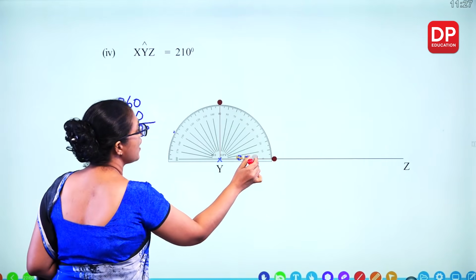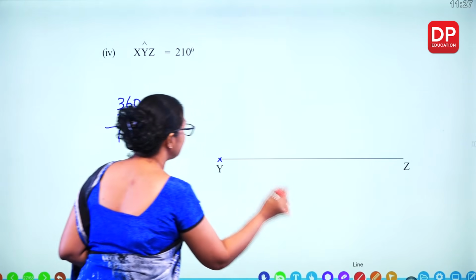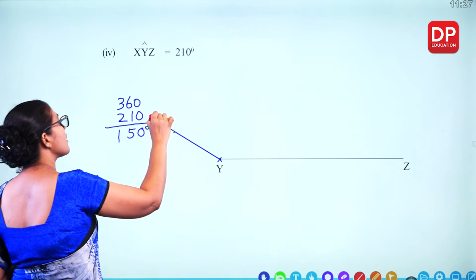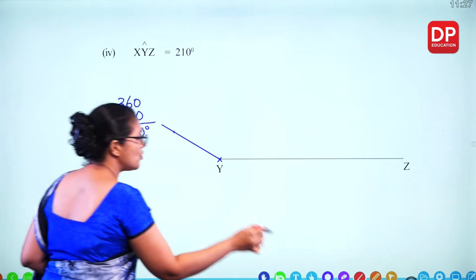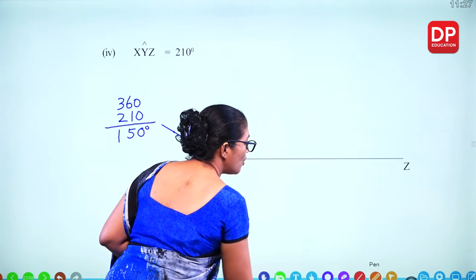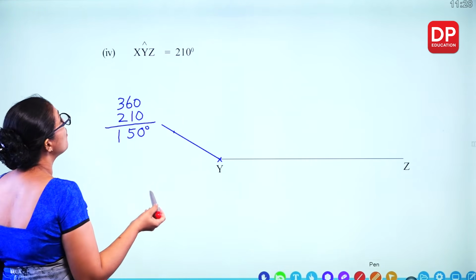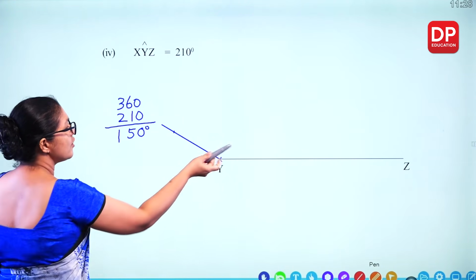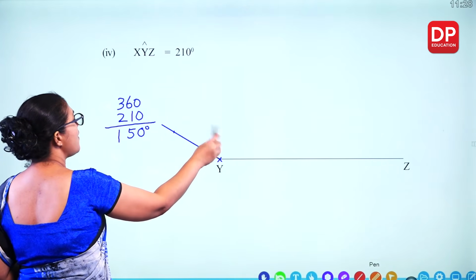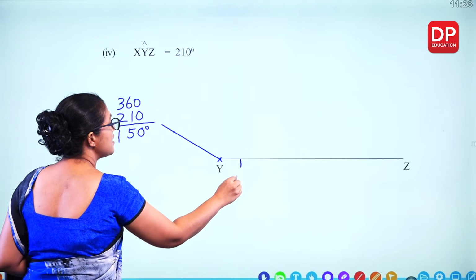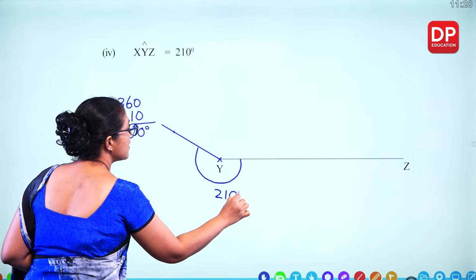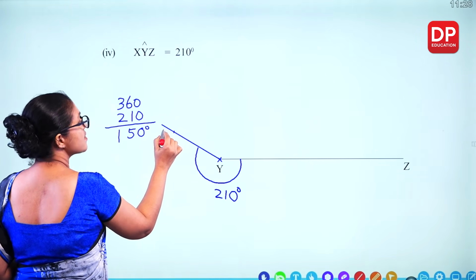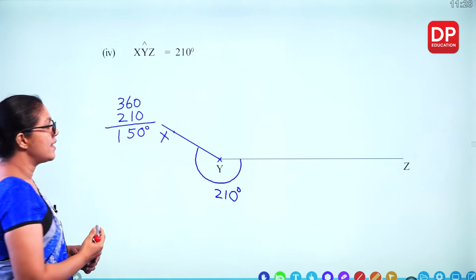So you can draw the line connecting this one, and then you mark the angle, not this one. This one is 150. So this is the angle 210. X, Y, Z.